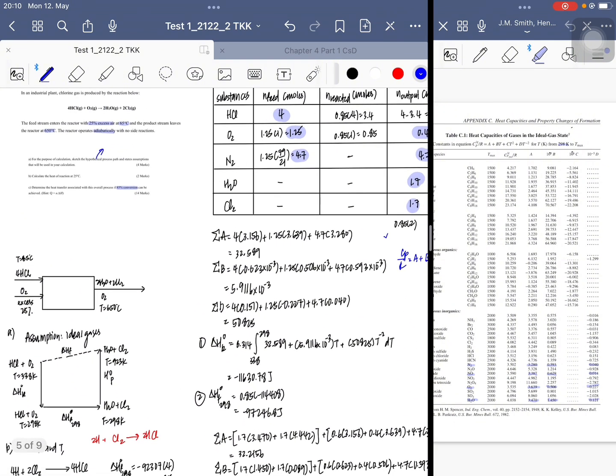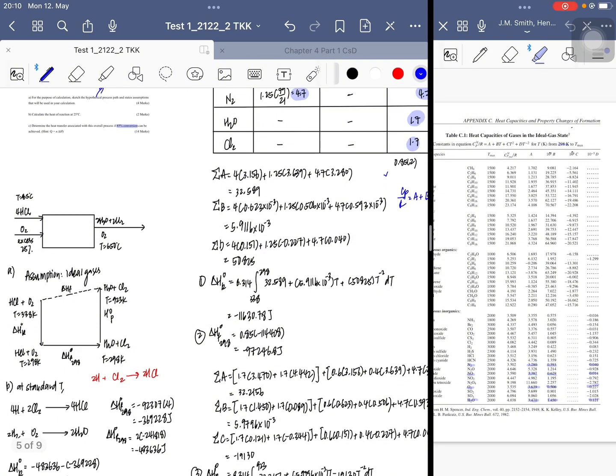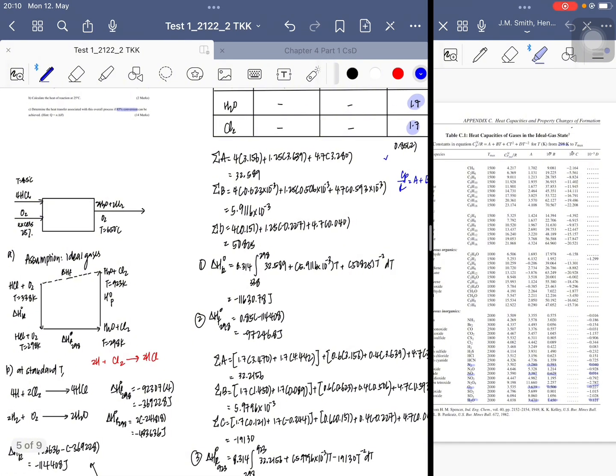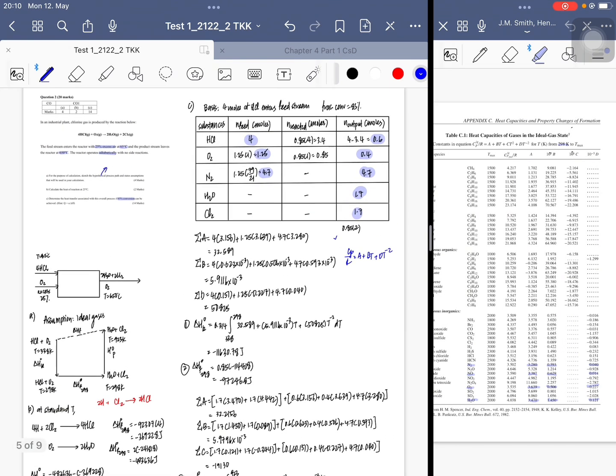But since in this question they said 85% conversion, only 85% of reactants are converted into products. So as I said earlier, the definition of heat of formation is basically the heat liberated when you are forming these products from these reactants, right?